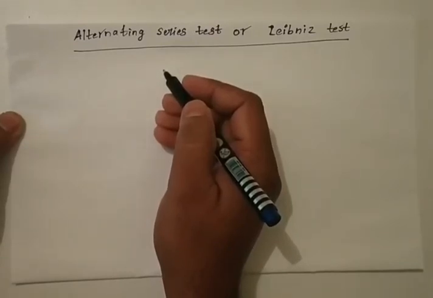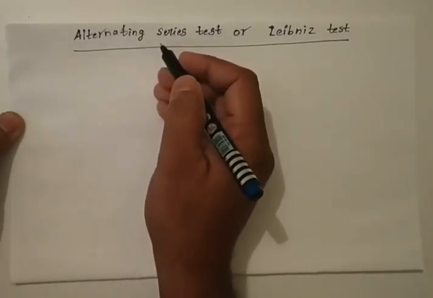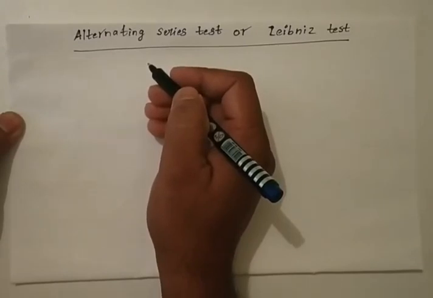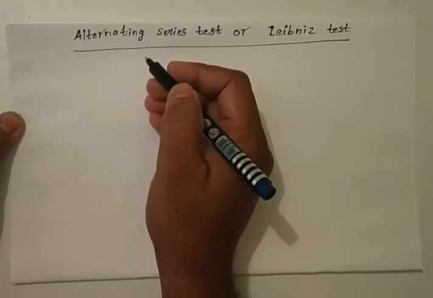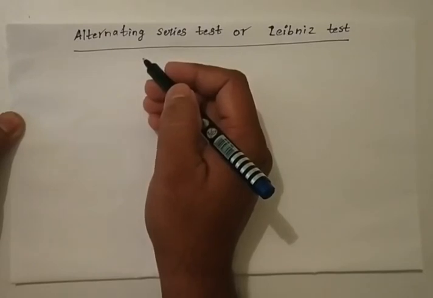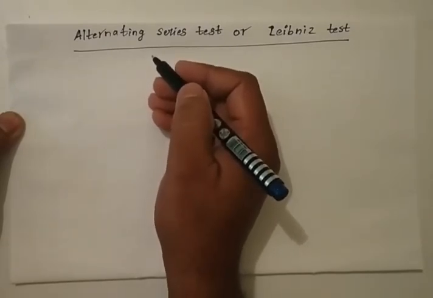Here, we already learned about alternating series. Once again, I will explain alternating series. Okay, please listen carefully. An alternating series is any series whose terms alternate signs between positive and negative values.